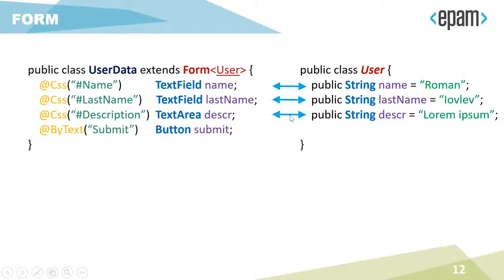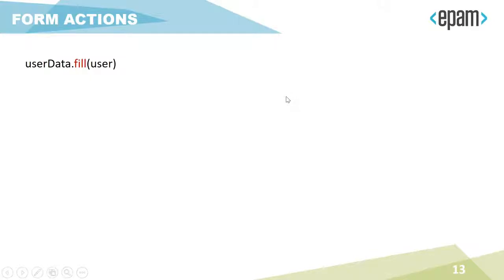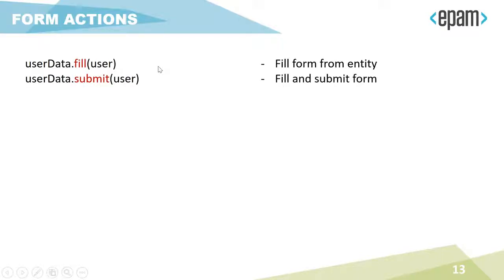Here we can put some data, and then we can, for example, fill all this form, just putting here our data. We can have a data provider and put different users, for example, for this user data, and fill them with different data. Also, we can submit this form. This means we fill data in the form and press the submit button or some button that we have for the form.